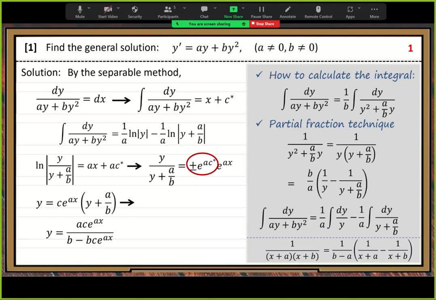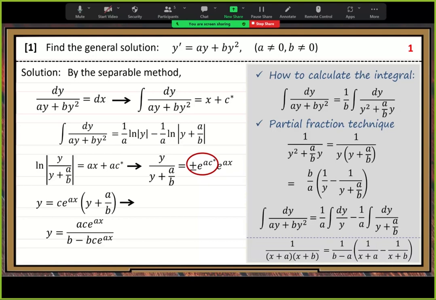But if C is 0, your y equals 0, it is one special solution of the equation, right? Y equals 0, it's a special solution. Let's take it out. We know that y equals 0 is a solution. So we put it aside.